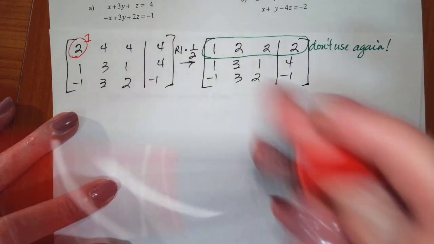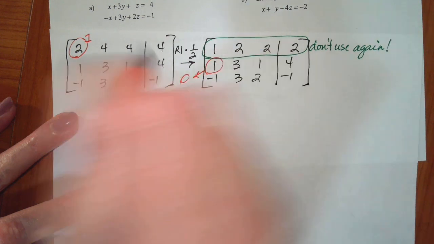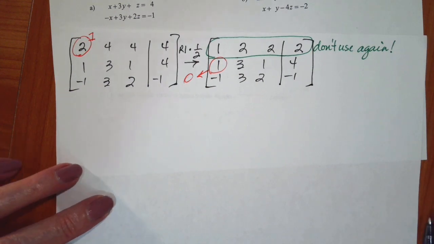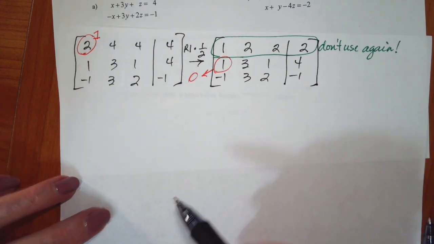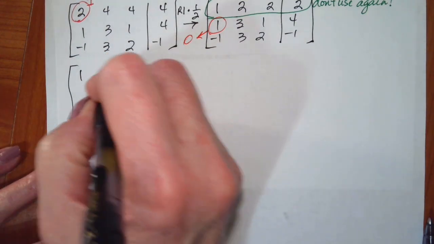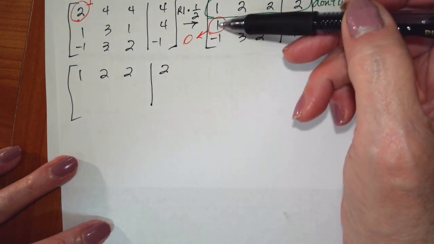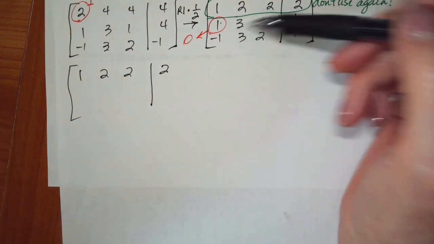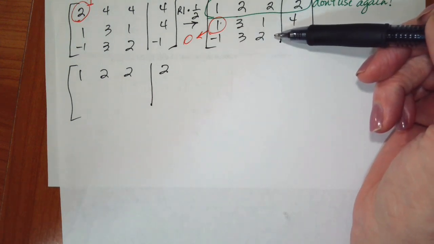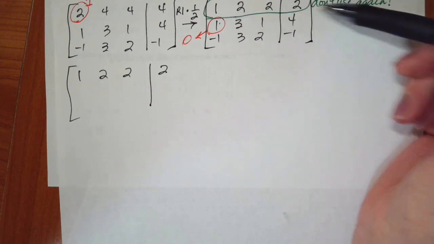The next thing I want to do is turn this into a 0. I have 1, 2, 2, 2. If I add these two together, no, I take that back.